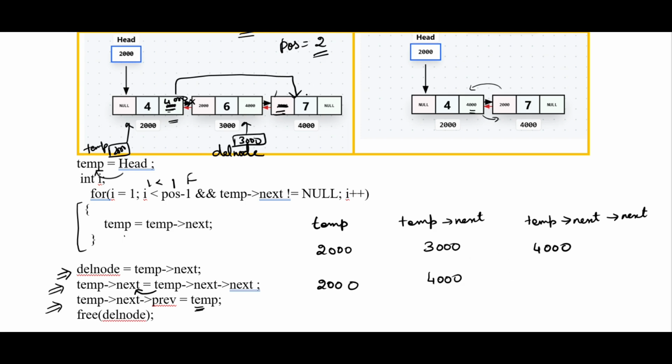So here I assigned 2000, so that it is pointing to this node. And next, free of del node, so I deleted this node. Here temp of next is assigned 4000, and temp of next of previous is assigned the temp value 2000. This is the way the code works.